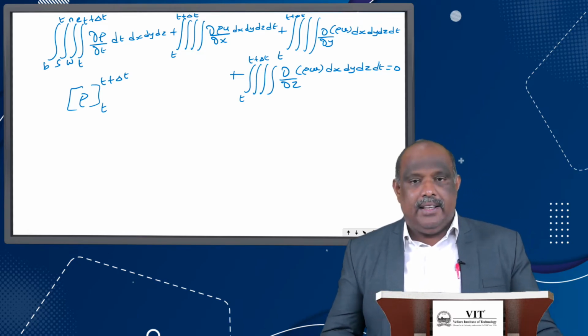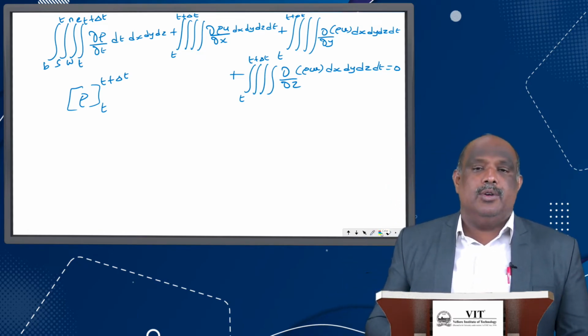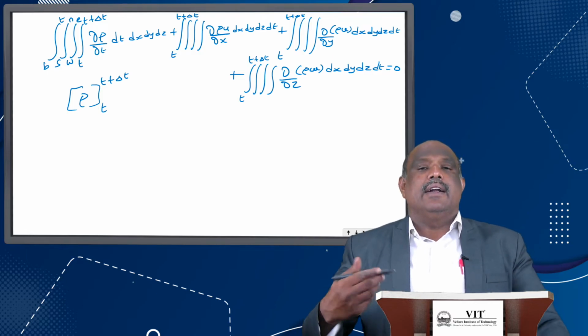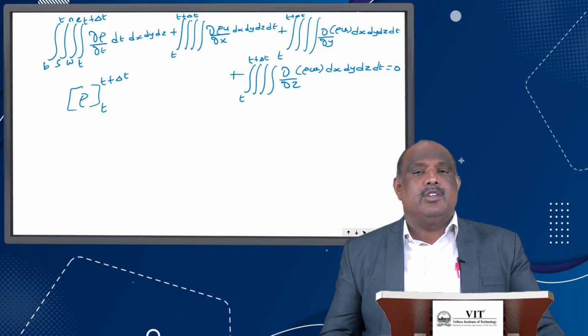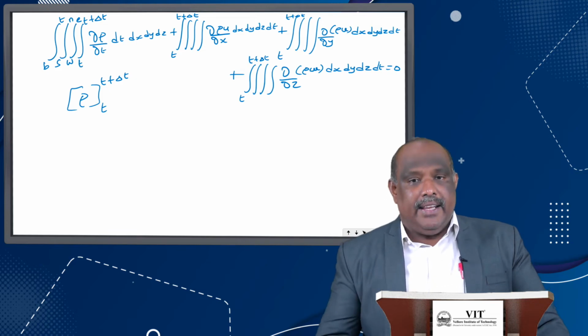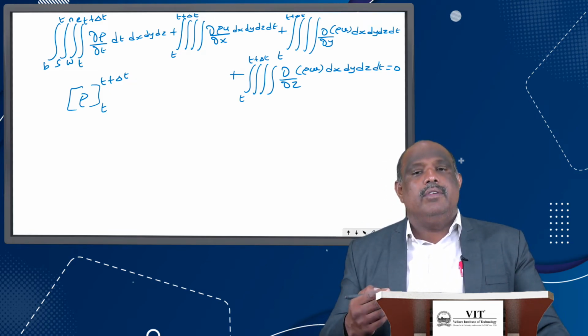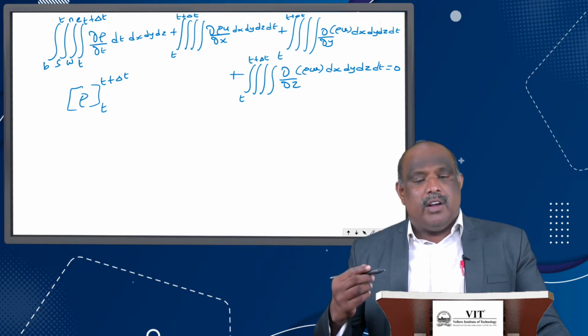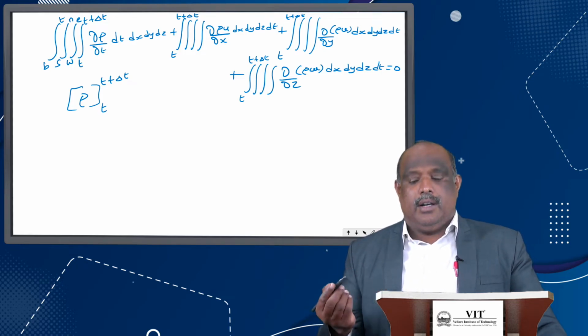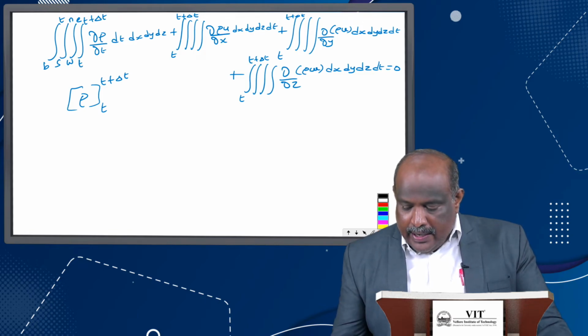At time t equal to 0 it is a known value, an initial condition. After some delta t, say 1 second or 2 seconds or some microseconds, we do not know the value. Generally for the known one we put a naught, for the unknown one we put without naught. I will write it, you can understand.